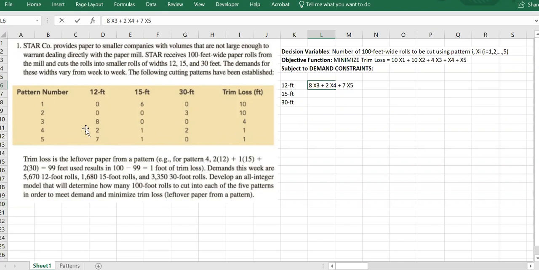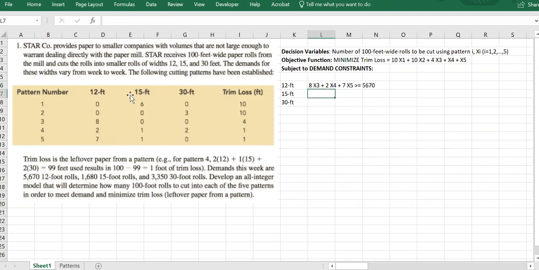This is the total number of 12 foot rolls that you can produce, and this has to be greater than or equal to 5670, which is your demand for 12 foot rolls.